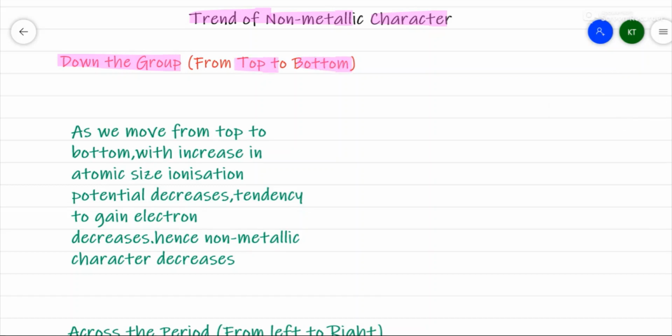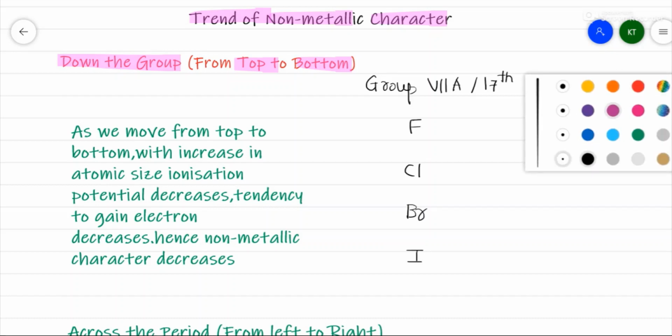To understand this, let me take one prominent example from the modern periodic table, that is group 7A or 17, the halogens. So I have elements like fluorine, chlorine, bromine and iodine.